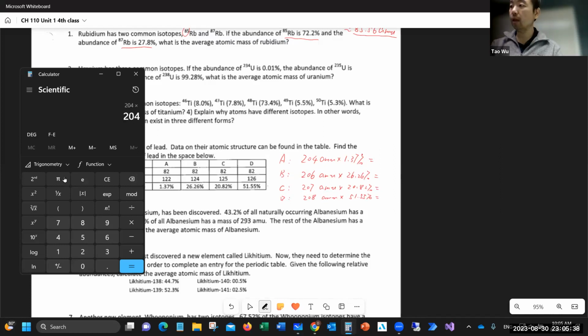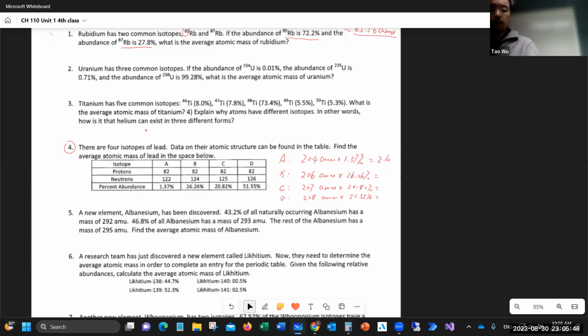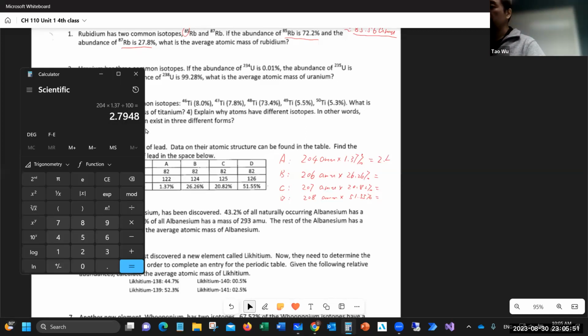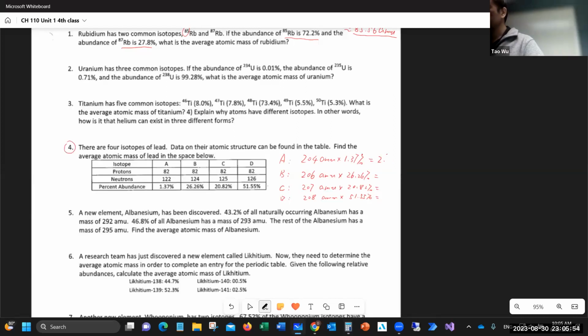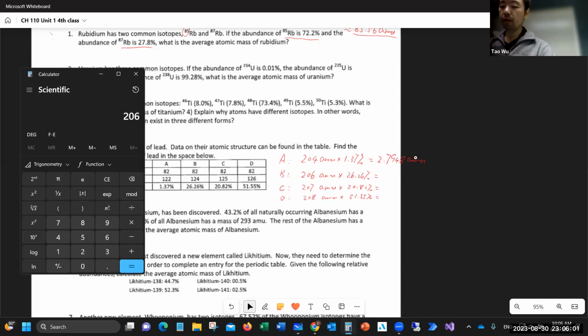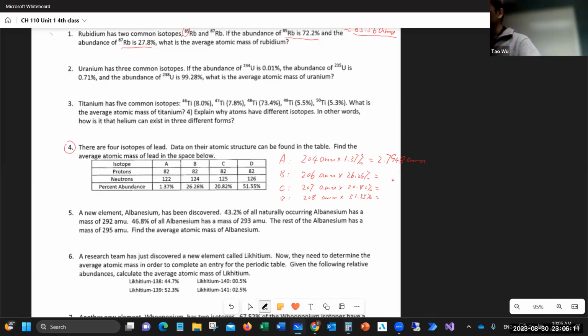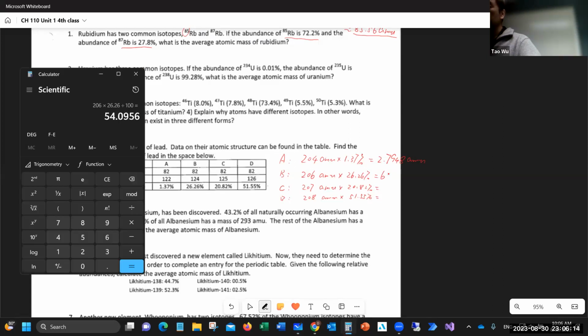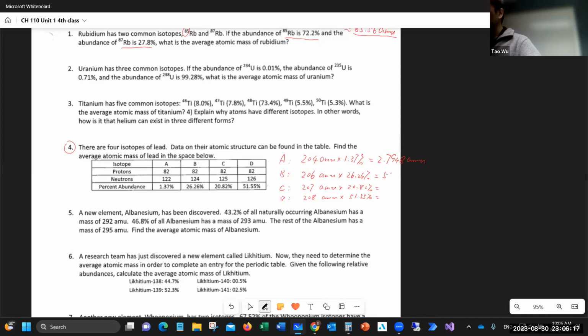So 204 times 1.37 divided by 100 gives 2.7948. Then 206 times 26.26 divided by 100 gives 54.0956 AMU.